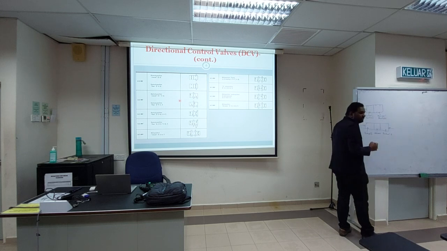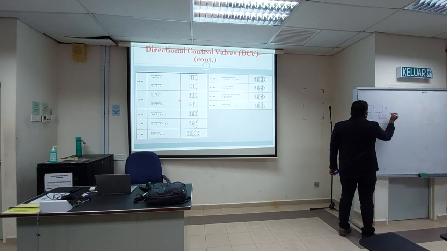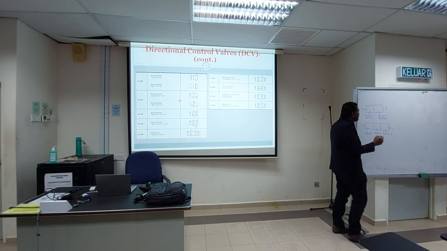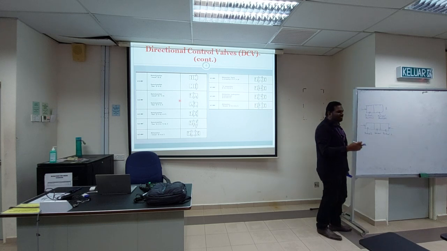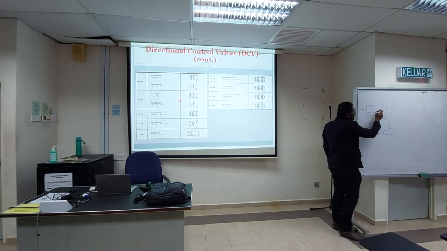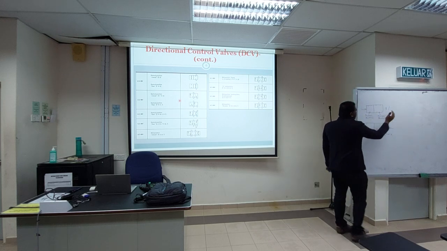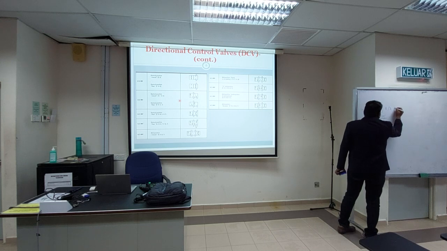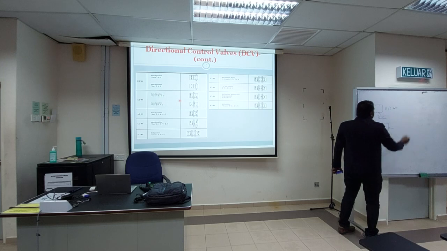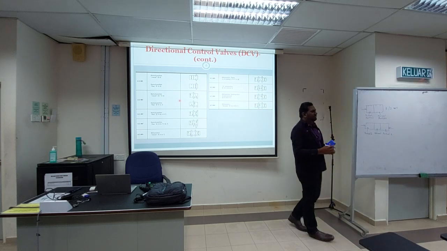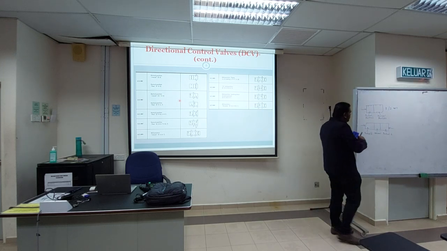Ada berapa port? 3. Siapa cakap 2? Okay, mula-mula adalah port. Tengok berapa line. Just ambil satu kotak, tengok. Sebab dia benda yang sama. So 1, 2, 3. So 3. Kemudian letak line. Berapa kotak? 2. Okay, so macam tu je. Okay, so that's how you can classify.